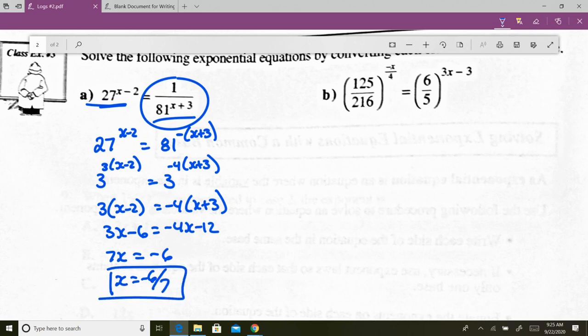Negative 6 over 7 is your x value. Is that okay? All right, last one.